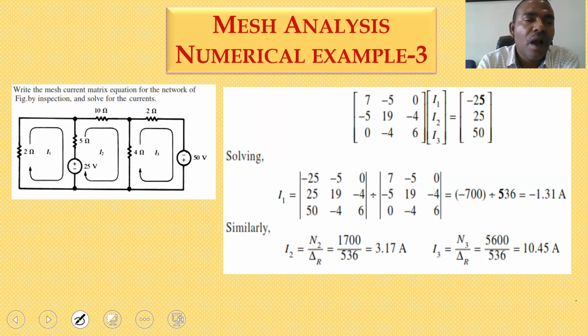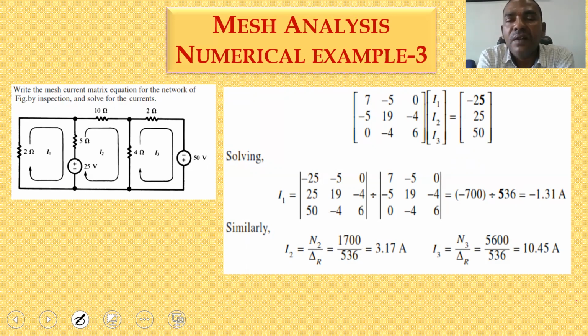I1 current is in the first loop, I2 current is in the second loop, I3 current is in the third loop. Now I am writing the mesh analysis. If n number of loops are there, you get n equations, and the size of the matrix is n by n. Here 3 loops are there, so the size of the matrix is 3 by 3.